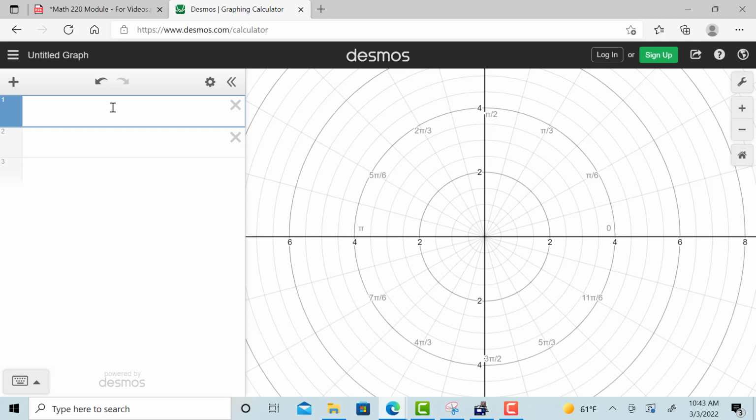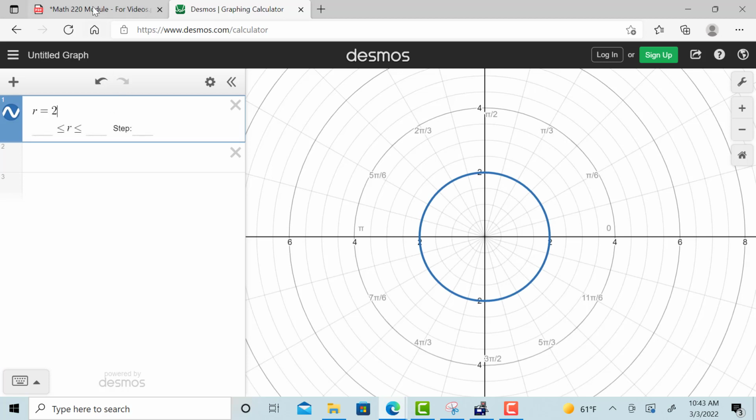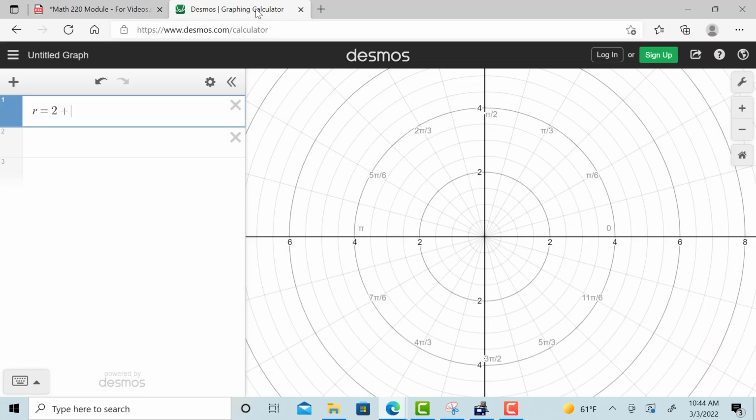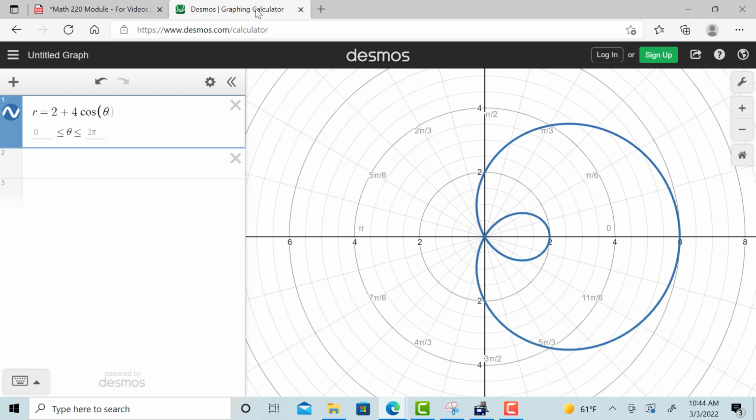All right, so we have r equals 2 plus 4 times cosine theta. And this is a limaçon, which we know has these sort of inner loops.